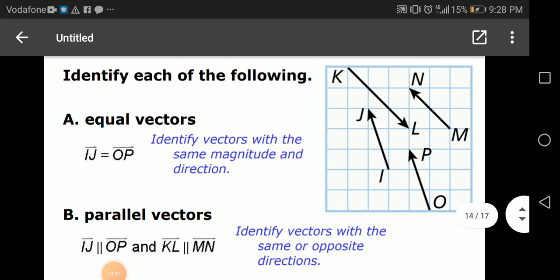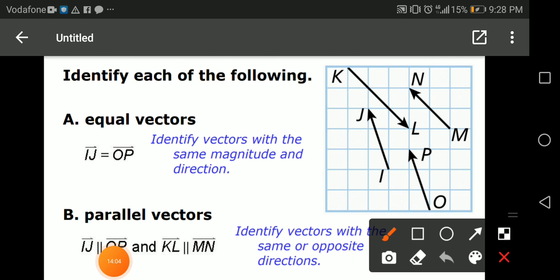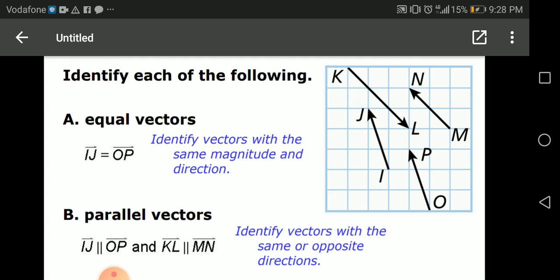We have IJ, as you see, this one, and OP. They are equal because they have the same magnitude, meaning the same length, 1, 2, and 3, and here 1, 2, and 3. And they have the same direction, so they are equal.